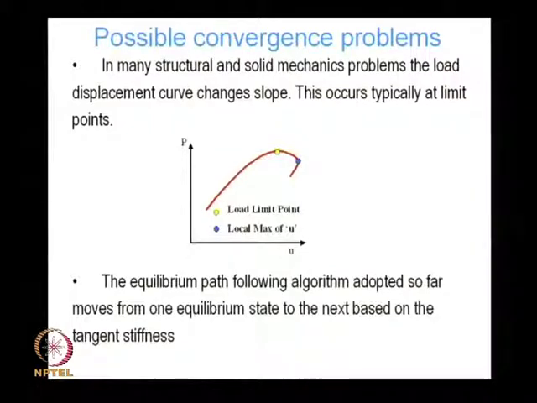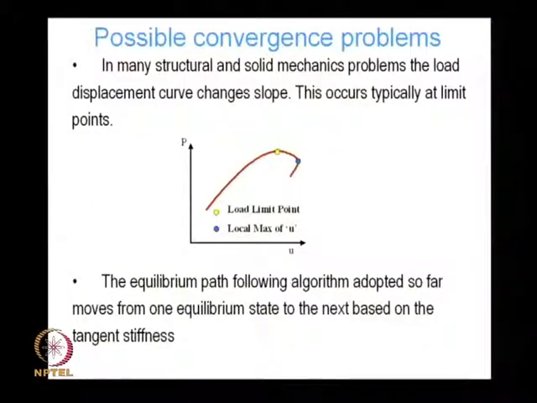Well, in many structural and solid mechanics problems, the load displacement curve changes slope. This typically occurs at limit points, or for instance bifurcation points. For instance, when we have an instability in the solution, the slope becomes negative. So, if I draw my load displacement curve, the slope up till here had a positive slope.